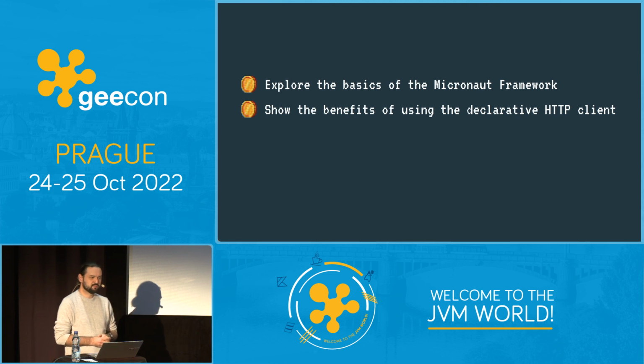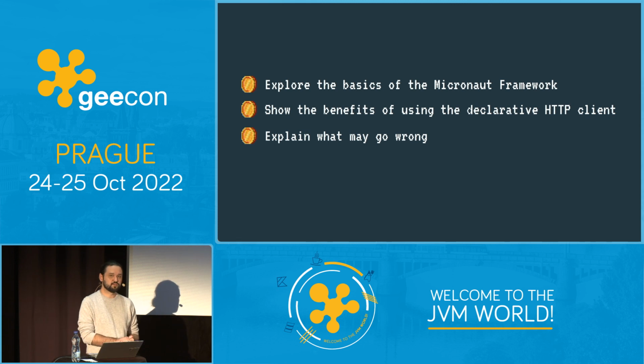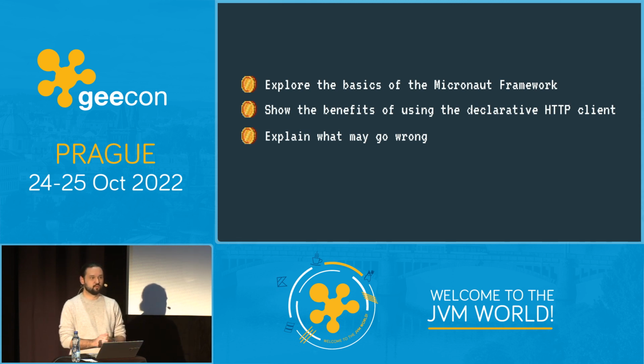Regarding the declarative client, I want to show you the benefits of using this approach. But this is not a marketing presentation, and that's why I also want to explain what may go wrong. There are a few traps which are pretty painful if we don't pay attention.